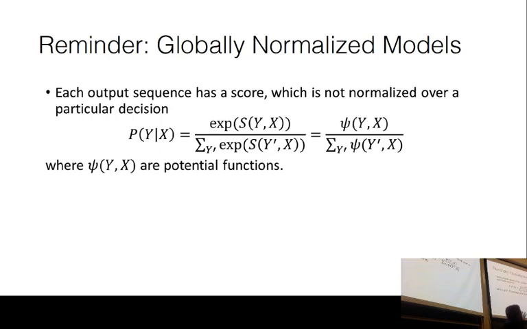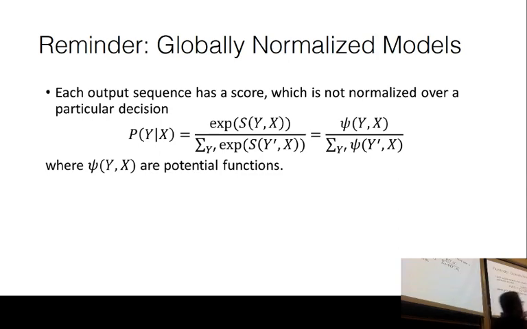So in the globally normalized model, the probability of y given x will be just this psi of y and x divided by the sum over all possible candidate outputs. Sorry, in Greek, psi is just c, so it's really weird for me to say psi. Just bear with me.